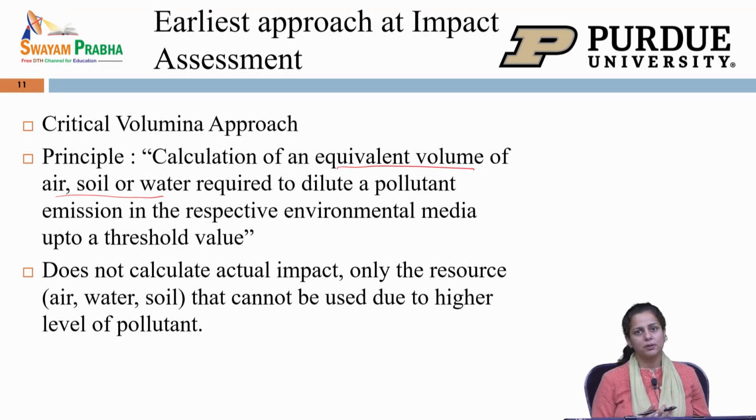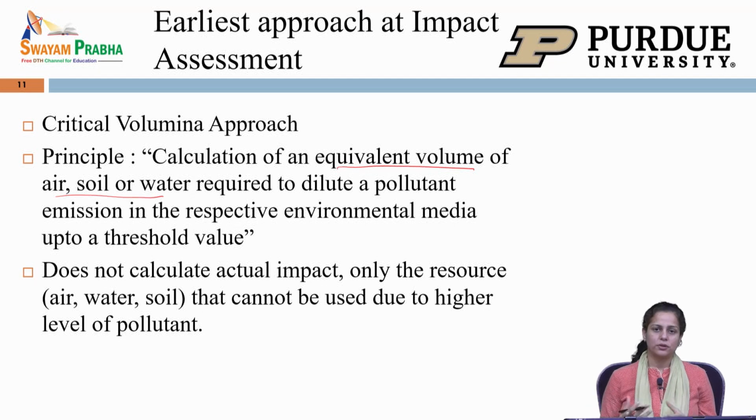So for example, if I had clean fresh water and my process or my product resulted in polluting that water, then we will need to add additional water to reduce the concentration of that pollutant to a certain threshold value. That extra volume of water is what we call the critical volume that is required.